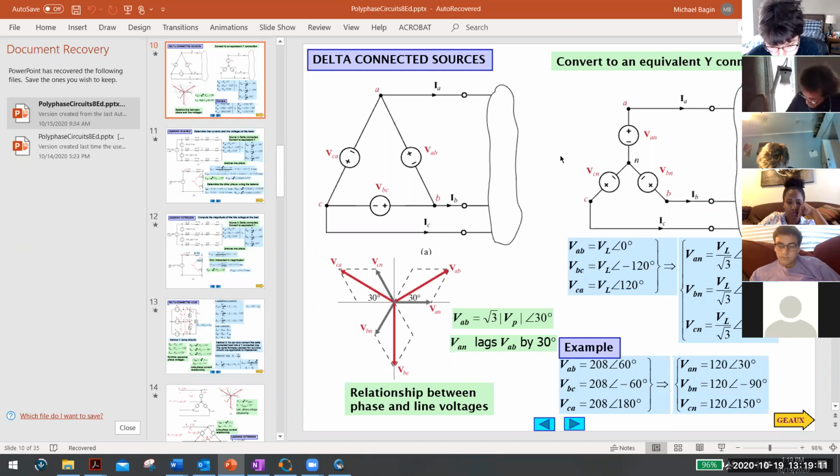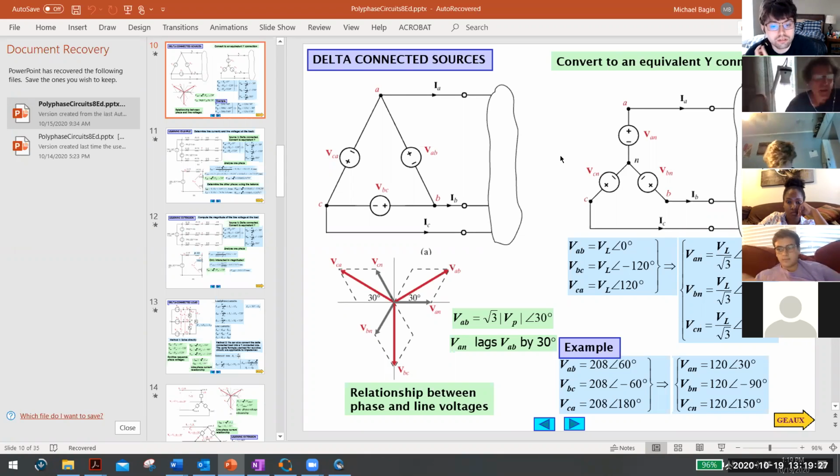Here's what will happen. It'll be the magnitude of this divided by square root of 3. So it'll be the magnitude of I_AN divided by square root of 3. All right. We're still looking at the PowerPoint.